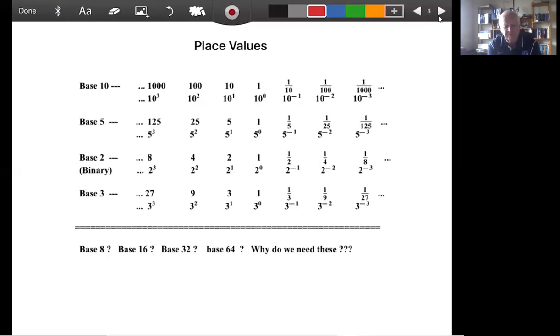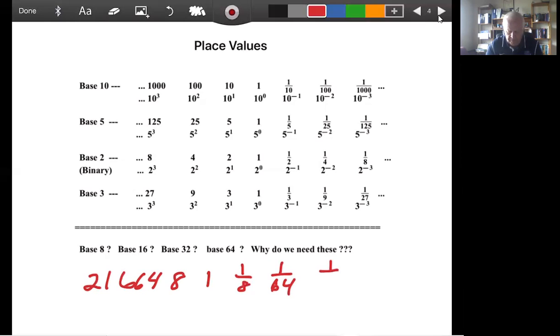Going to the left and then going to the right, it's symmetrical no matter what base you choose. So if I choose base 8 to look at, I'm actually going to be looking at 1s and 8s and 64s and 512s, and likewise going the other way, 1/8, 1 over 64, 1 over 512.